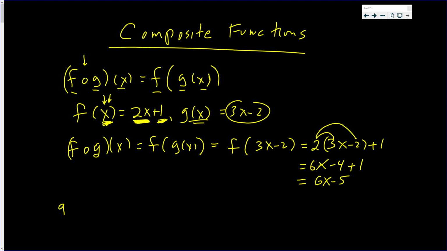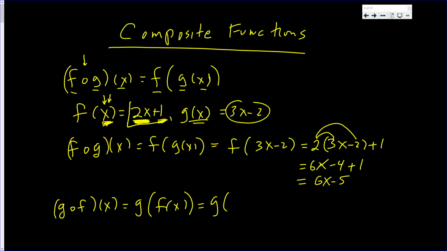If you were asked to do it the other way, find the gof of x. Well, this means g of f of x. And they told us what f of x was. It's 2x plus 1. What does g do to what's in the brackets?